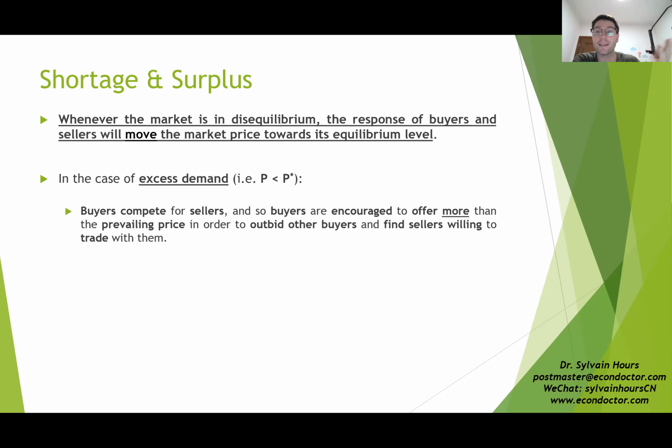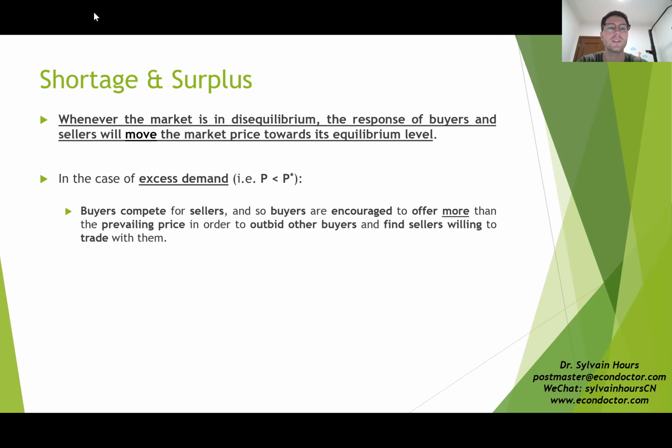There's not enough for everyone. So if you want to make sure that the seller will sell you a loaf of bread and not to the other people who want to buy one, you need to convince the seller that you are the right buyer. And how do you do that? Well, you can simply offer a higher price.